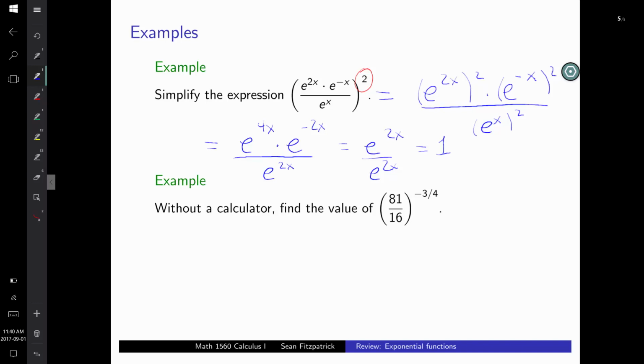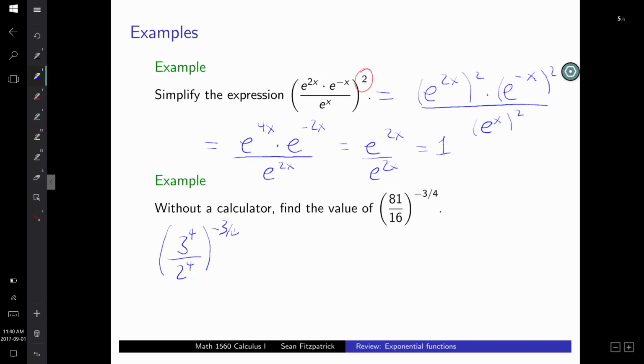Here's another example working directly with some numbers and laws of exponents. How would you simplify something like this? 81 over 16, raised to the power of minus 3 over 4. Well, the first thing we might realize is that 81 is 3 times 3 times 3 times 3, which is 3 to the 4th power. 16 is 2 to the 4th power.